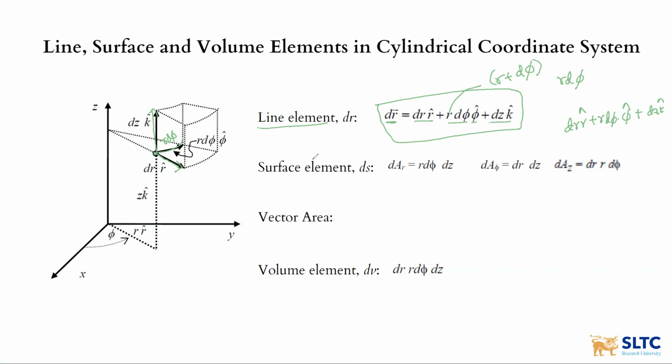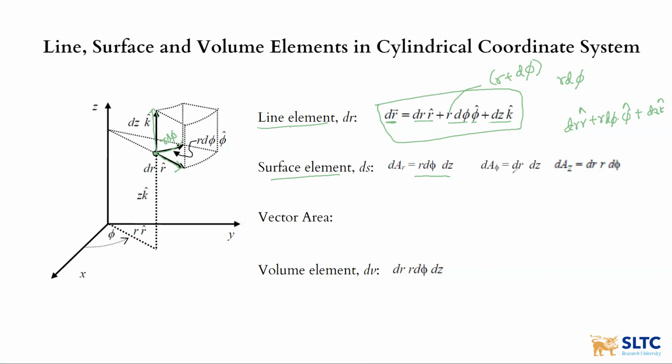We can multiply two at a time pairwise, and we can find three surface elements, right? And then once we have decided the three surface elements, we can multiply each of these three surface elements by their perpendicular unit vectors, right?